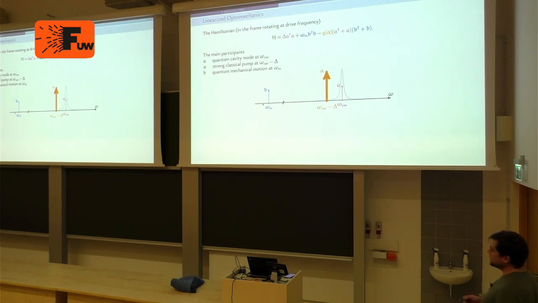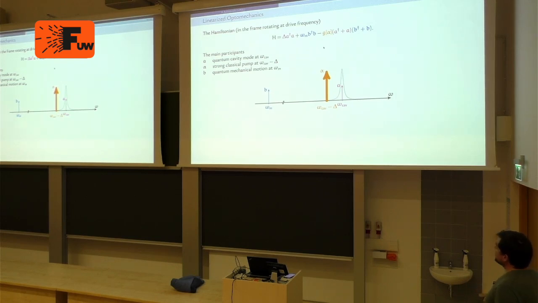Let me remind you that this is inside this displaced picture where we have eliminated the strong classical displacements generated by the strong classical drive. So we have essentially two quantum oscillators now, this mechanical B and optical A. They are linearly coupled by the coupling, which depends on the type of the drive that we choose.